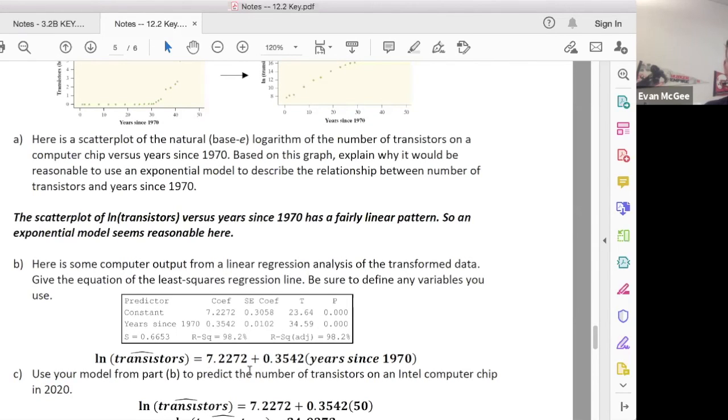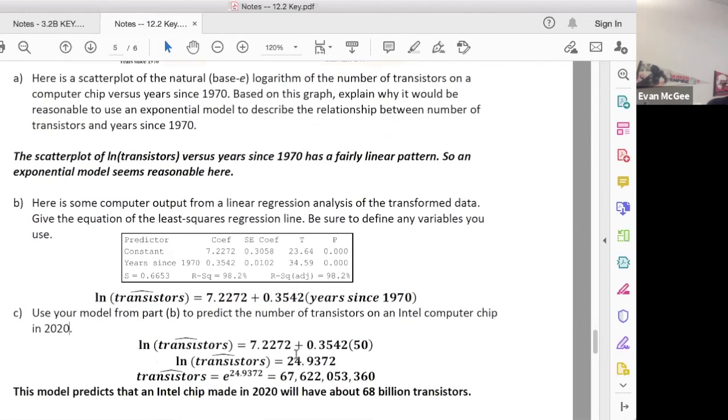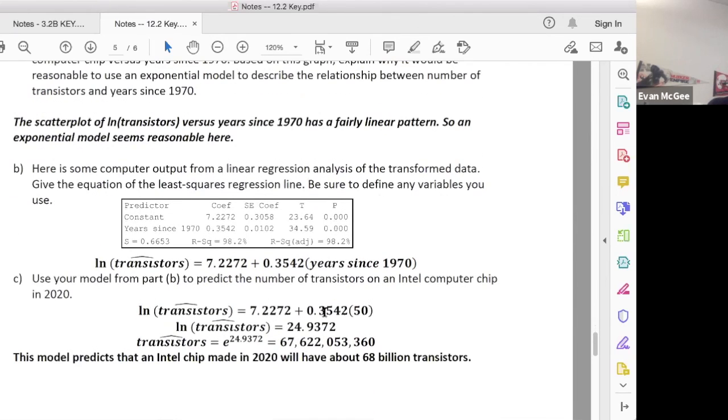So we're going to plug in. We're actually going to plug in 50 this time, because that is 50 years after 1970. So this, remember, is the year since 1970. So 50 years after would be 2020. Plug it in, and you can do the multiplication. And then when you get here, you have to remember, you have to raise this to be a power of e.